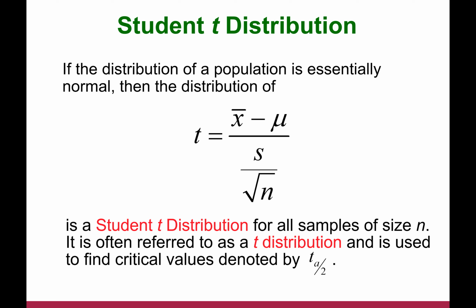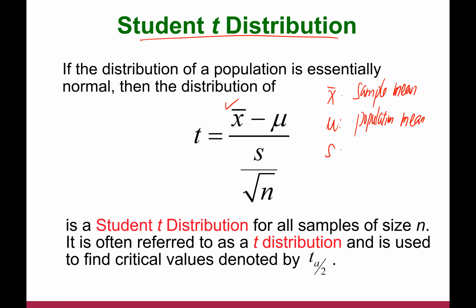If the distribution of the population is essentially normal, then we use the student t distribution, with t equal to x bar minus mu over s over the square root of n, where x bar is the sample mean, mu is the population mean, s is the sample standard deviation, and n is the sample size.